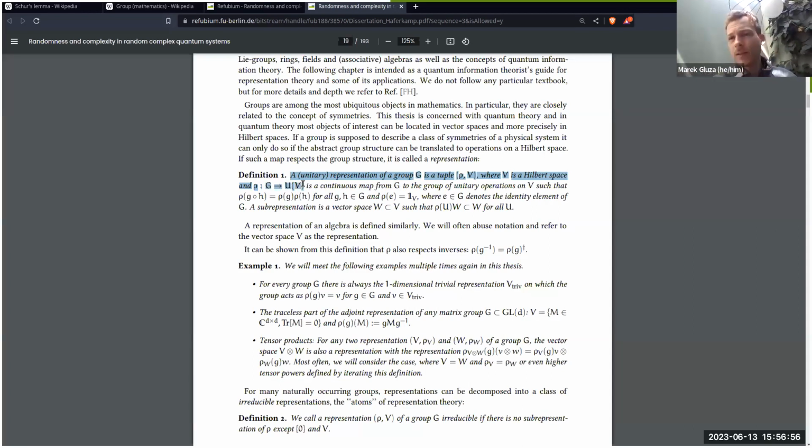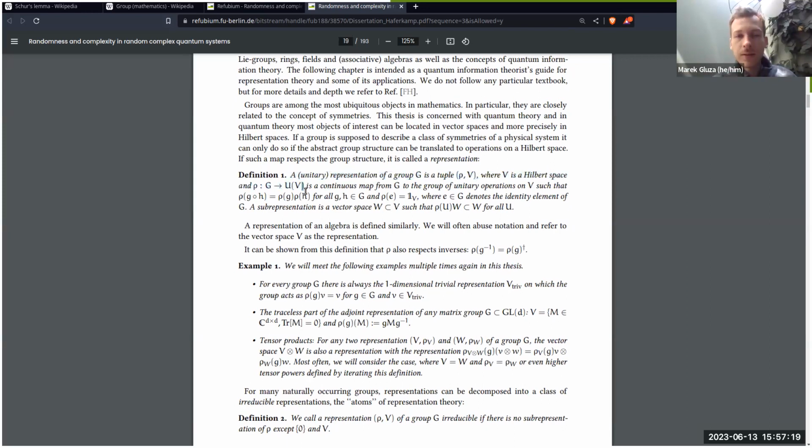I was talking about general linear matrices, but if you define a representation with general linear matrices, you can prove that it will be unitary. Jonas is considering a Hilbert space, so the state space of quantum systems, and then he says that it should be mapping into unitary matrices directly by definition. It's more or less the same.